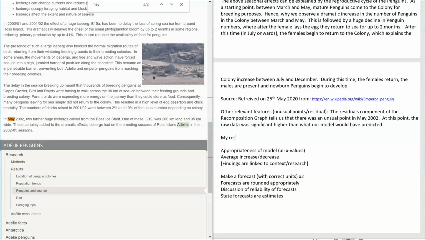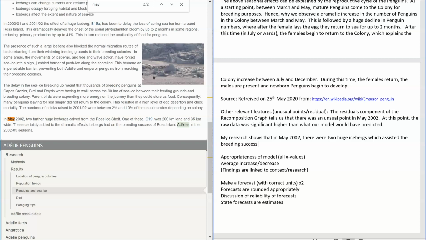So I'm going to start writing. My research shows that in May 2002, there were two huge icebergs which assisted the breeding success of Adelie penguins.